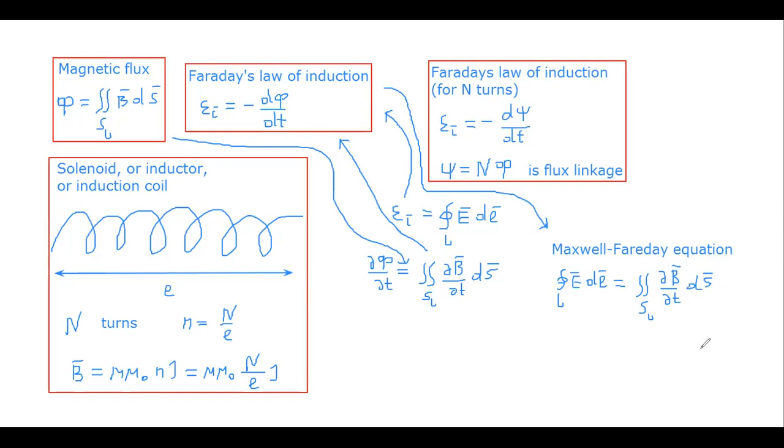The Maxwell-Faraday equation means that a change in magnetic field produces an electric field. So a change in magnetic field produces an electric field.